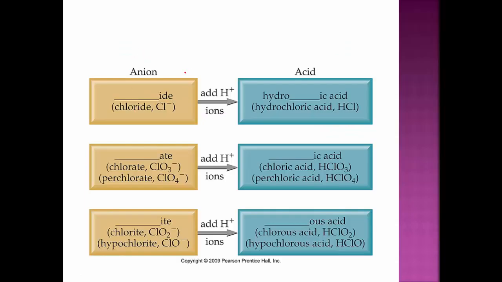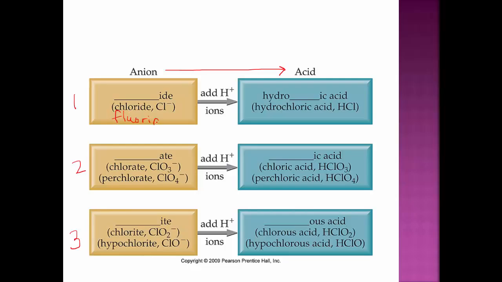So this diagram here is showing us how the anion name leads us to the acid name. There are 3 possibilities for what the anion might end in, and that determines how we name the acid. Possibility 1 is that your ion might end in the "ide" ending. Chloride is an example, and another example might be fluoride.